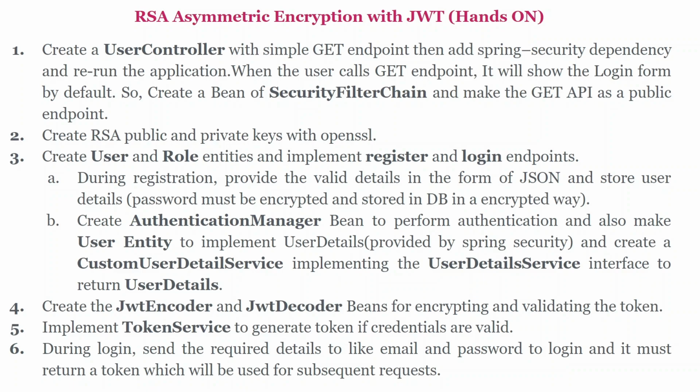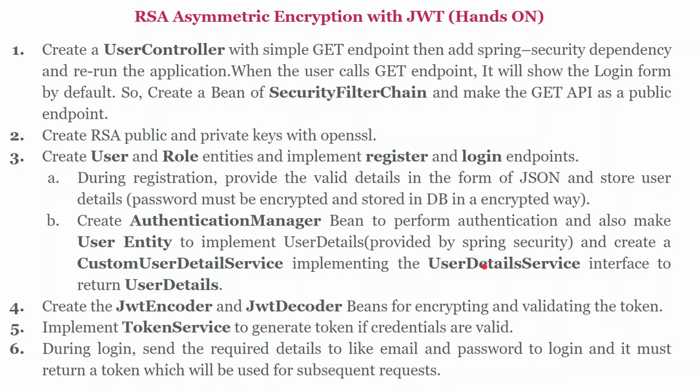We need to provide the service with which it is going to fetch the details from the database. And then probably we need to do one more change to the user entity where we need to make the user entity implement the user details. It is an inbuilt security interface. So again, we need to have a custom user detail service to implement the user detail service.